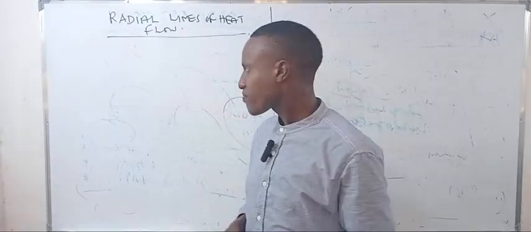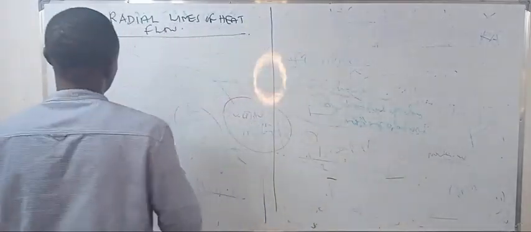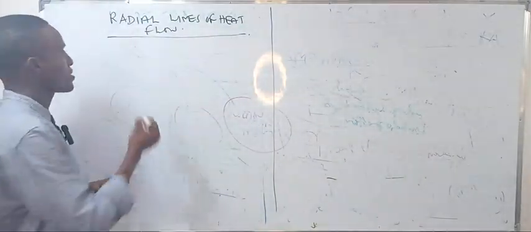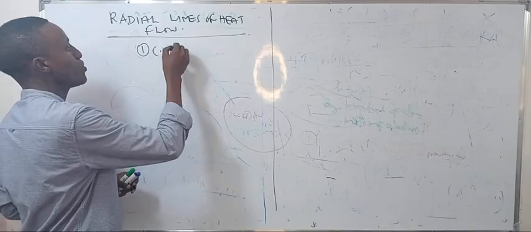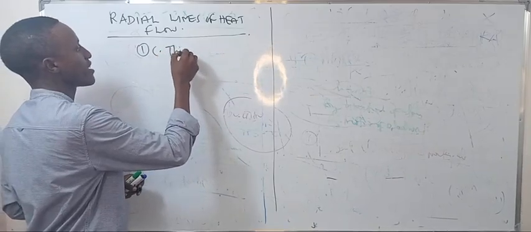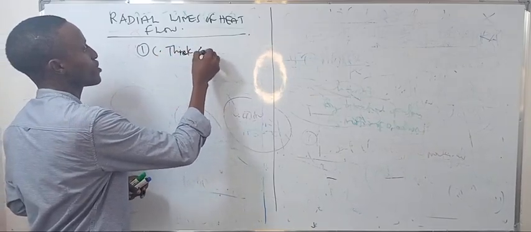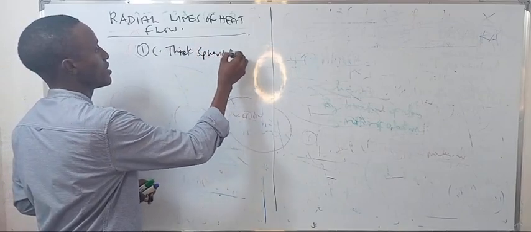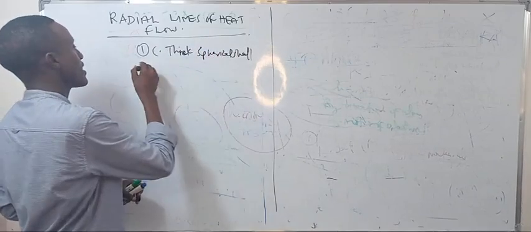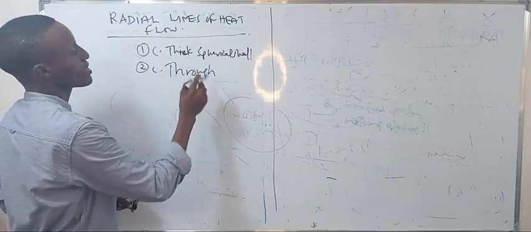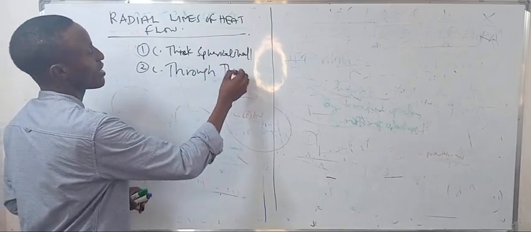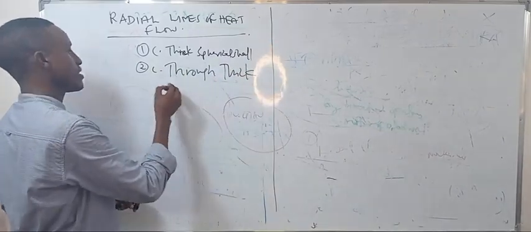Let's go on. Here, let me describe three things: conduction through a thick spherical shell. The second thing is conduction through a thick cylinder.